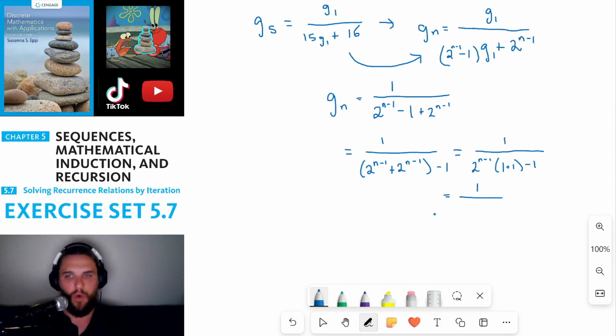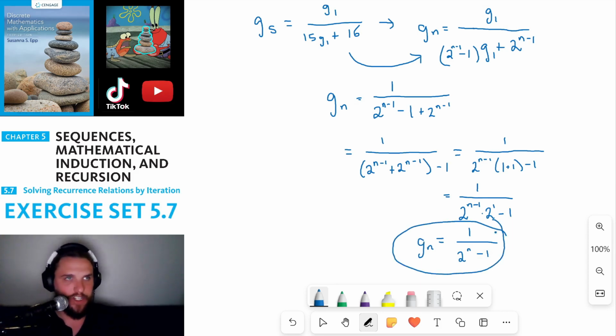And then 1 plus 1 equals 2. So this is 2 to the n minus 1 times 2 minus 1. Now this other 2 has an exponent by default of 1, so we can use the law of exponents to add the exponents together to get 1 over 2 to the n minus 1. And this is the explicit formula for G sub n.